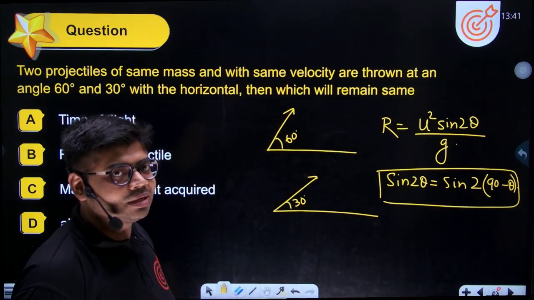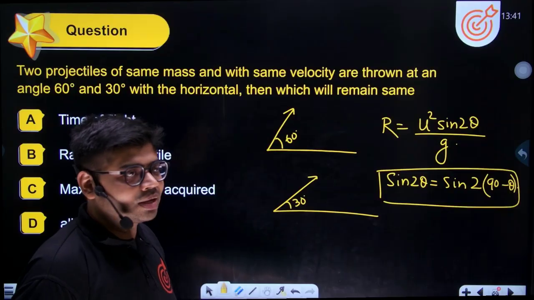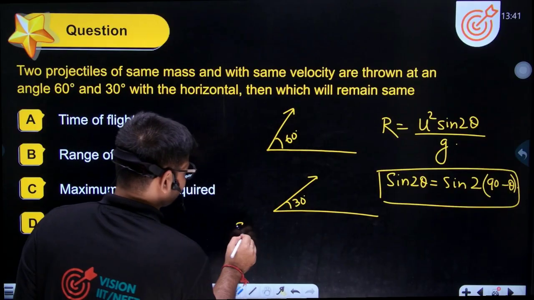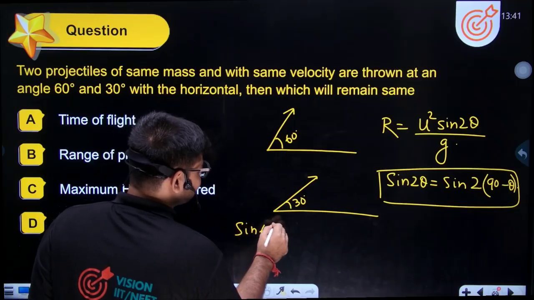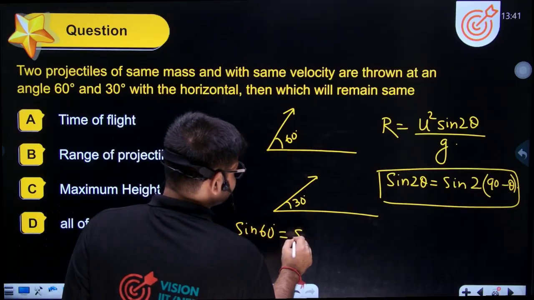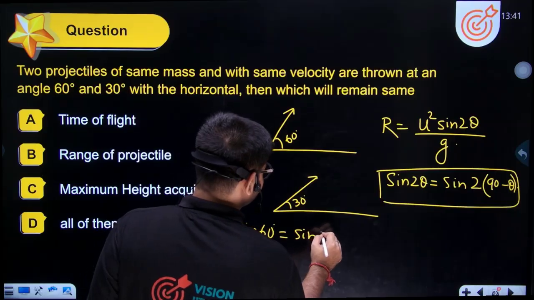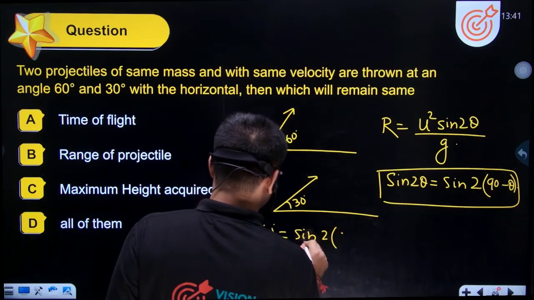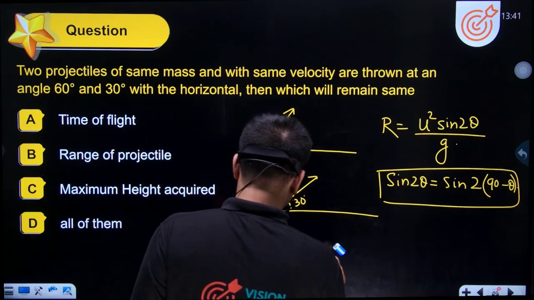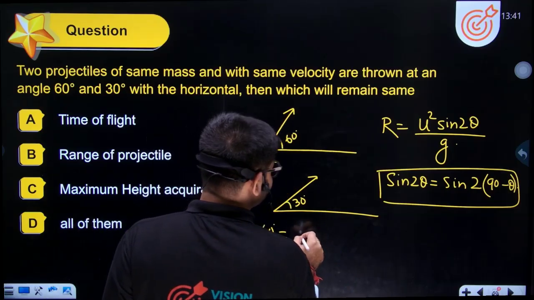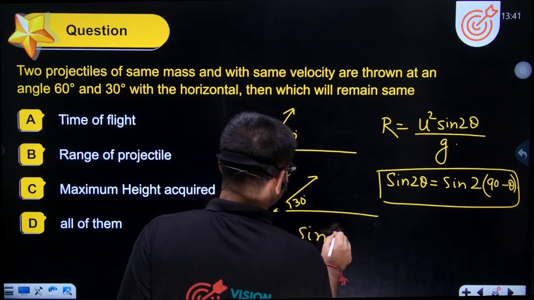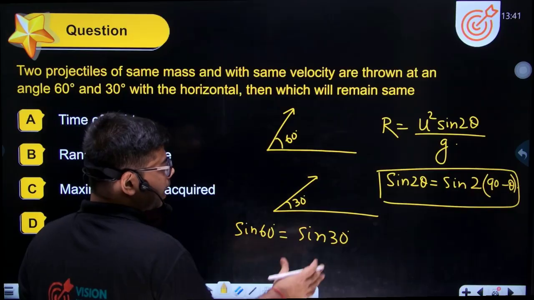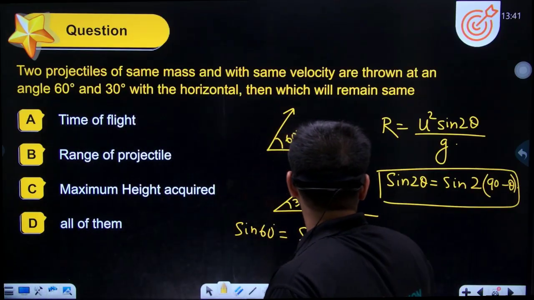It's the same thing, sine 180 minus 2 theta. So I can say from here that sine 60 is equal to sine 30 by this logic.